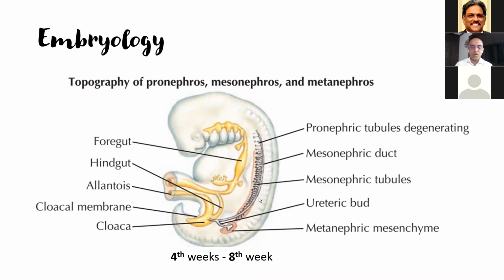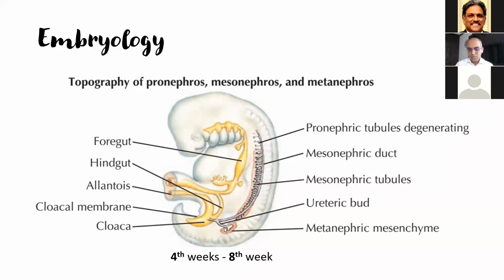So with time, what happens is the ureteric bud branches off the mesonephric duct, and the sacral portion of the nephrogenic cord surrounds the ureteric bud to form the metanephric mesenchyme.